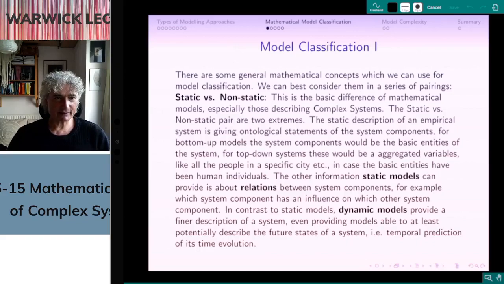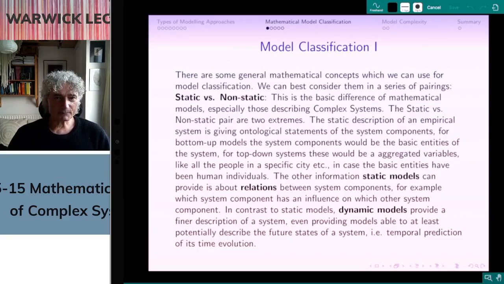These are thought of as always being two extremes a mathematical model can satisfy. So the first distinction is between static and non-static models. This is also the basic separation of part 1 and part 2 of this lecture.